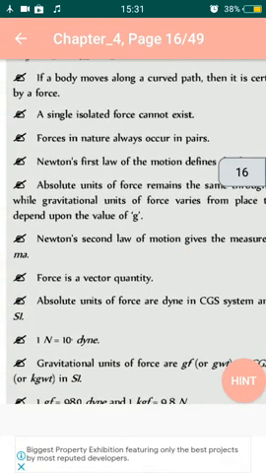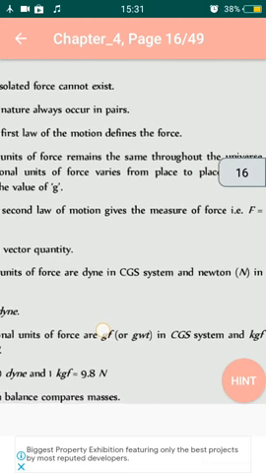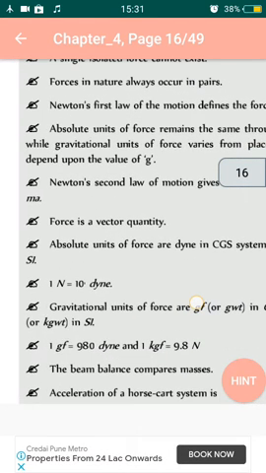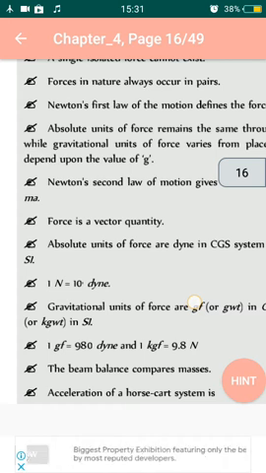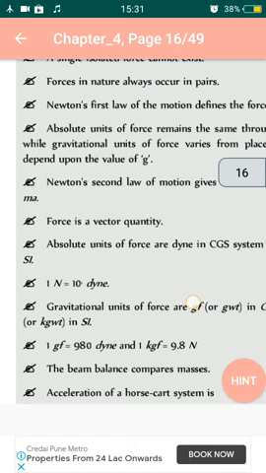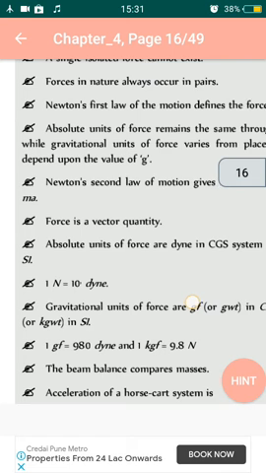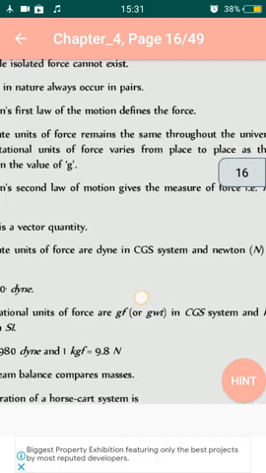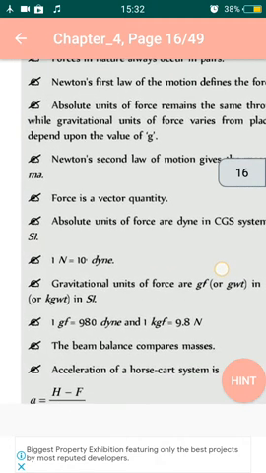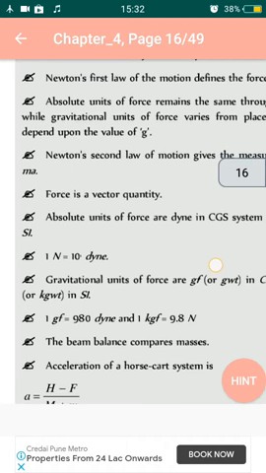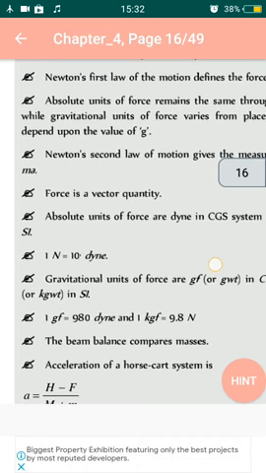Next, Newton's second law of motion gives the measure of force, that is F equals ma. Force is a vector quantity. The absolute units of force are the dyne in the CGS system and the newton (N) in SI. 1 newton equals 10 to the power 5 dyne.